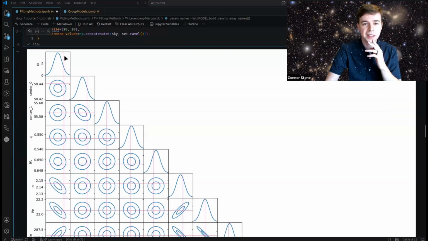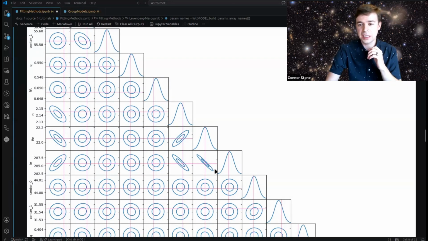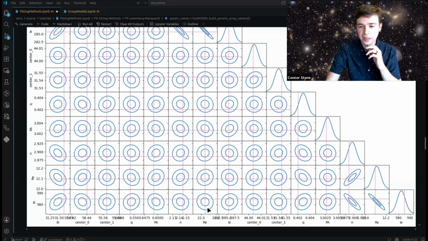Here we've got the true values plotted with these lines in pink, and the uncertainty contours are given with the blue ellipses. You can see that there's definitely some strong correlation between some of our parameters. It looks like the brightness at the effective radius and the effective radius. Perhaps not too surprising that there's a strong correlation between those.